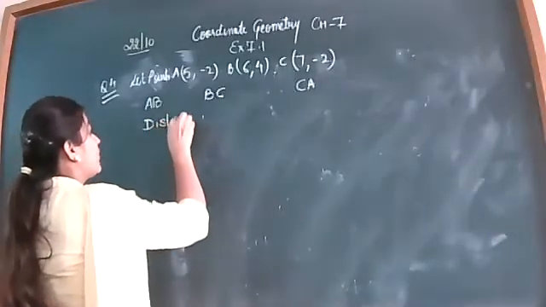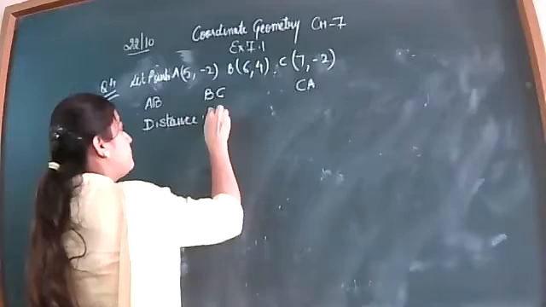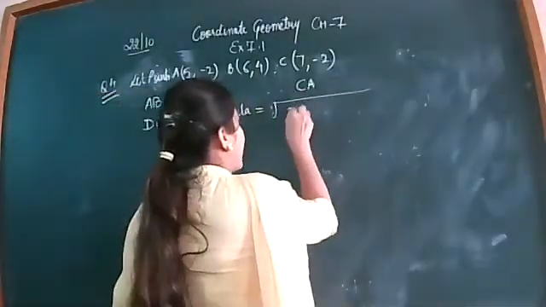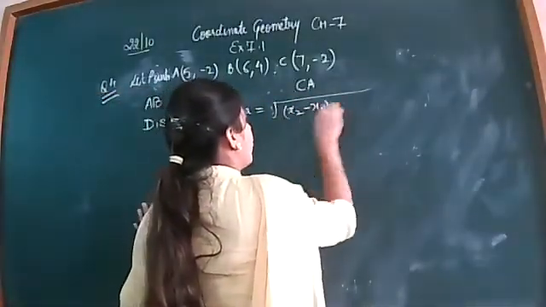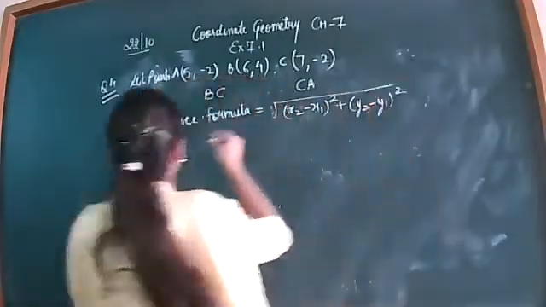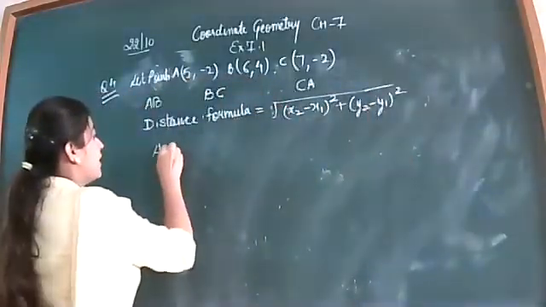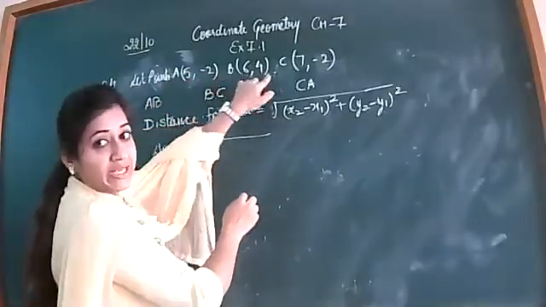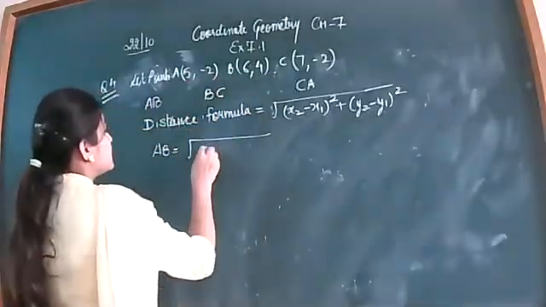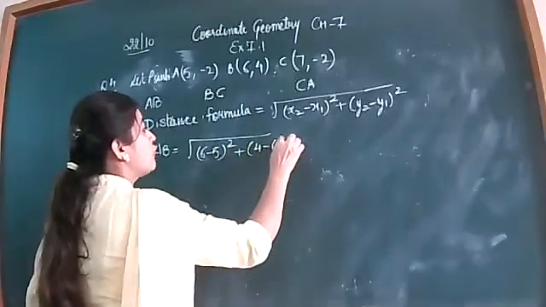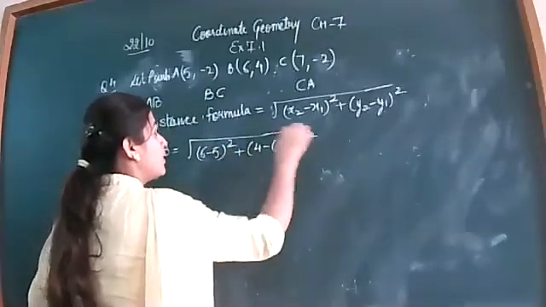So firstly, you will write distance formula, that is under root x2 minus x1 whole square plus y2 minus y1 whole square. So find AB by the same formula, that is your x1 y1, this is your x2 y2. So 6 minus 5 whole square plus 4 minus of minus 2 whole square.